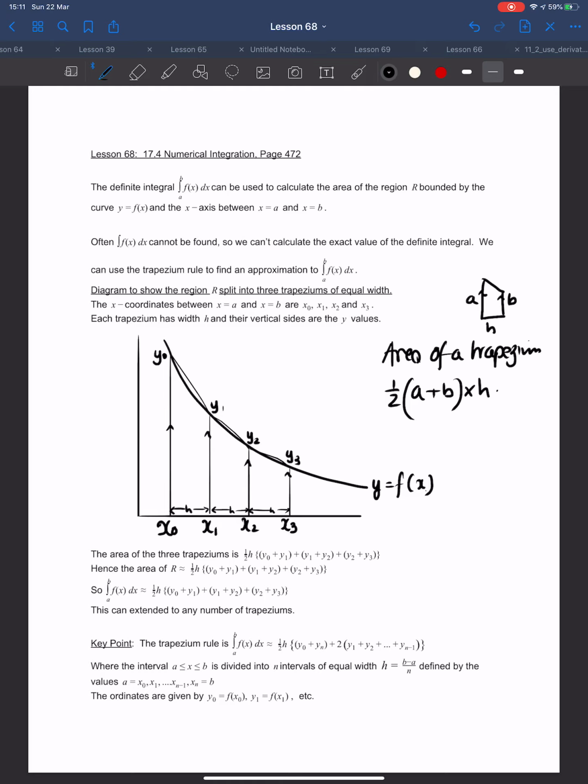So this first one, trapezium number 1, is going to use this formula.